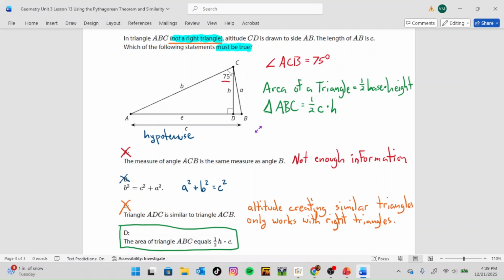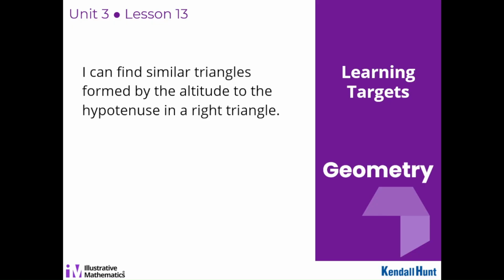Now, before we end the video, let's go ahead and review the learning target for this lesson. Okay, so looking back, we did have one learning target in this lesson, and that said I can find similar triangles formed by the altitude to the hypotenuse in a right triangle.